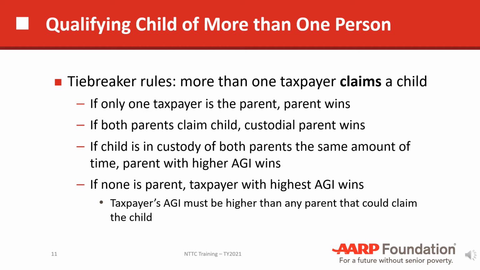If none is the parent, if nobody is the parent, taxpayer with the highest AGI wins. And the AGI must be higher than any parent that could claim the child. So again, like we said in the last slide, if the other person, such as a grandparent, that person would have to have an AGI that's higher than the original parents. AGI, of course, is adjusted gross income.